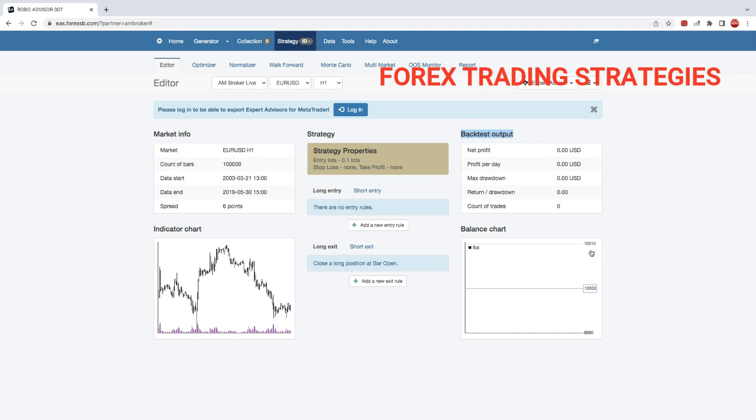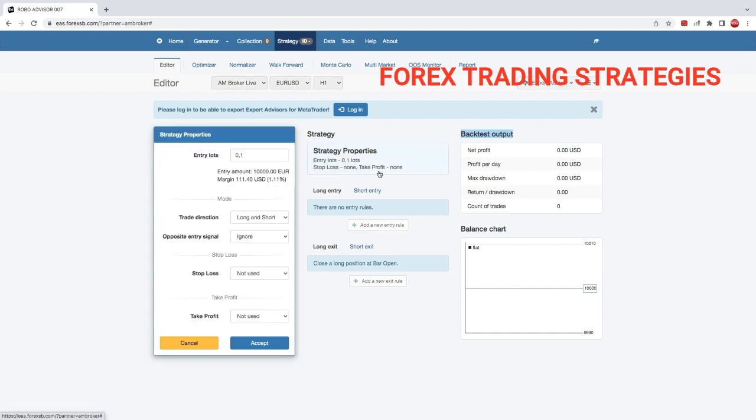So technically we are going to start on, let's see what we have here. Is it 10,000 euro? We're going to start with 10,000 euro. So we will see whether we are going to be able to grow that 10,000 euro or we are going to lose that 10,000 euro. We'll see on this graph, and here we'll actually see whether we made money or we lost money and stuff like that.